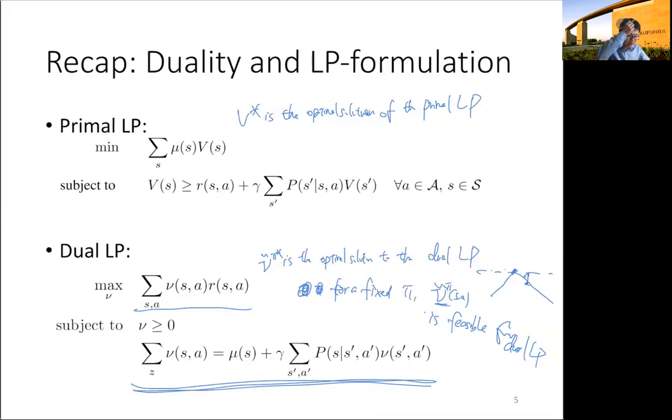Okay, so now let's take a closer look at the primal LP. What does the primal LP do? Suppose we fix pi and v pi, so let's say that this is the state value function for policy pi. Then what is the objective function?